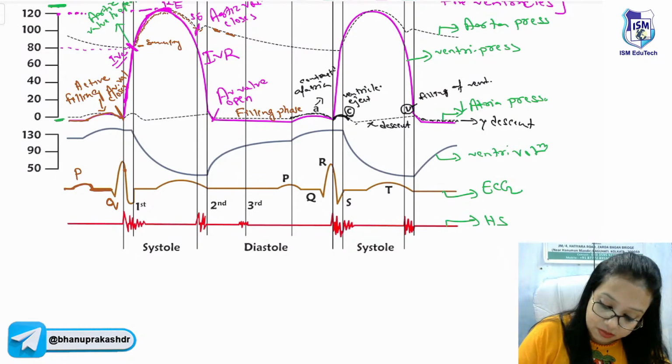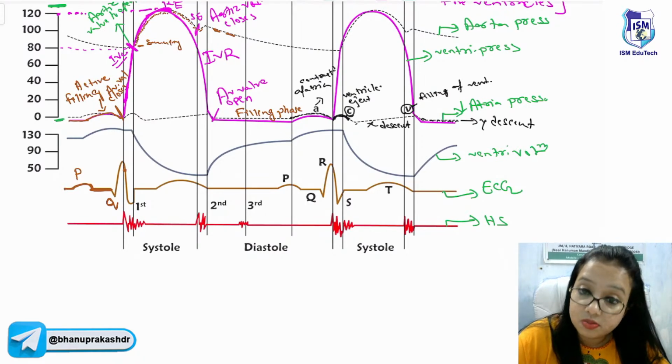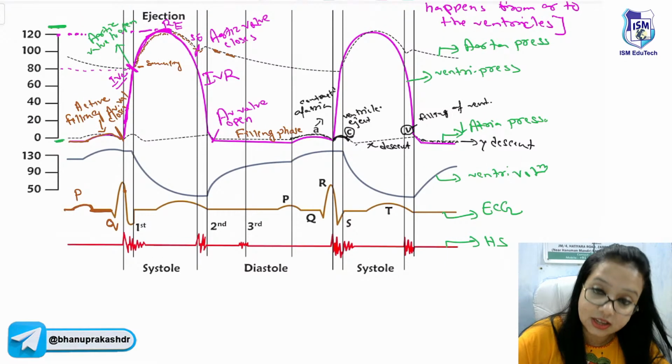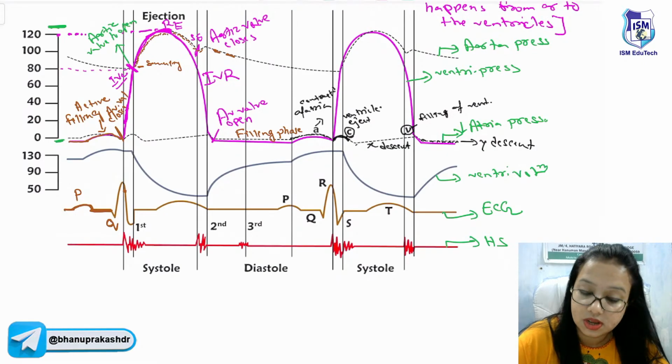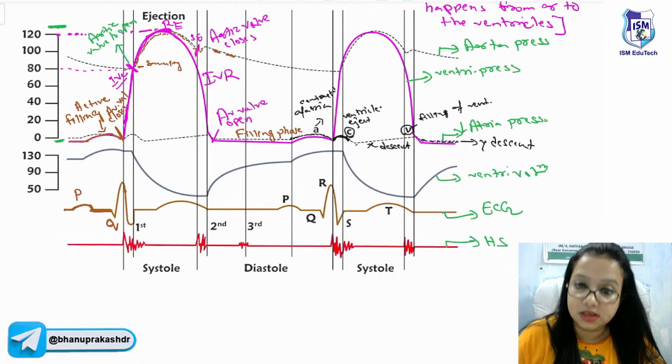And after R, when R is almost completed, that is, the depolarization wave has passed through the right and the left ventricle, we get the upward increase in the pressure. As we see the increase in the pressure, isovolumic contraction happens. That is after the R wave, because first comes the electrical event, then the mechanical event.